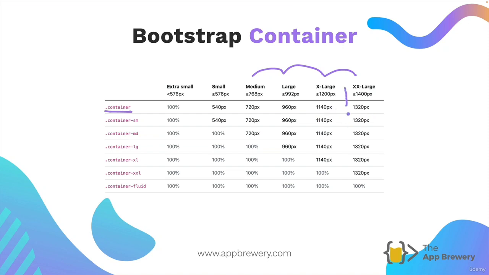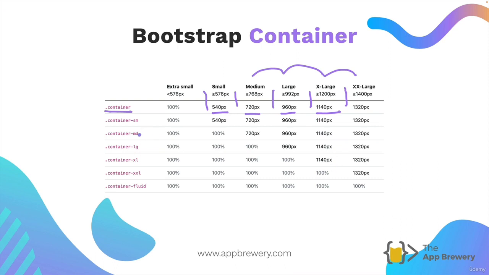And you can see that there's several breakpoints that are responsive to the different device screen sizes. On mobile, maybe the container would be 540 pixels. On an iPad, maybe it would be 720 or 960 pixels. And on desktop, maybe it would be about 1000 pixels.